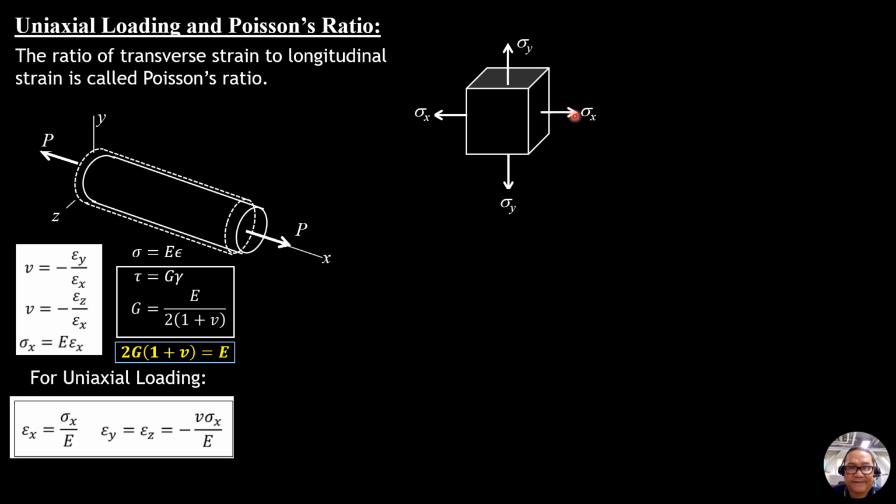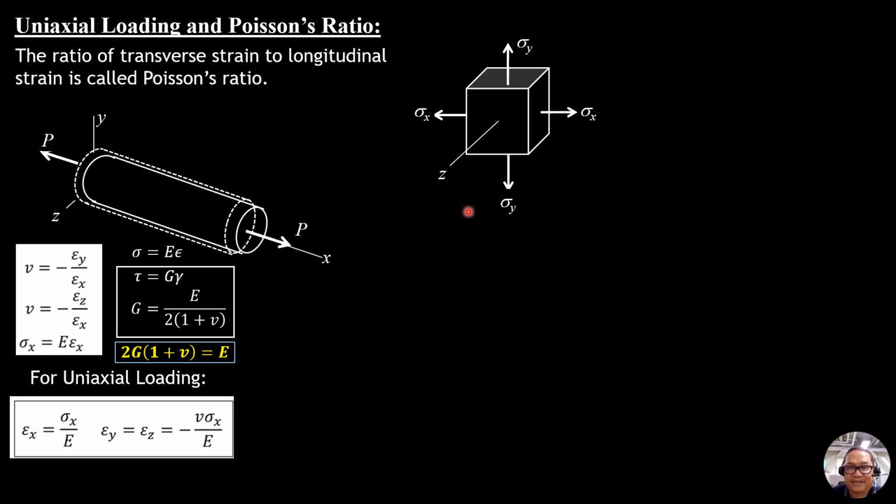Take note that the effect of sigma x tensile would be to contract along the perpendicular dimensions, so the strain along z is negative, and along y the strain is also negative due to the effect of sigma x. We use these results to develop expressions for strains and normal stresses.